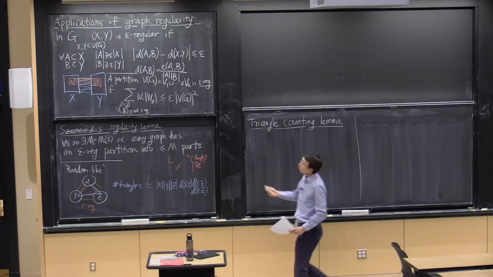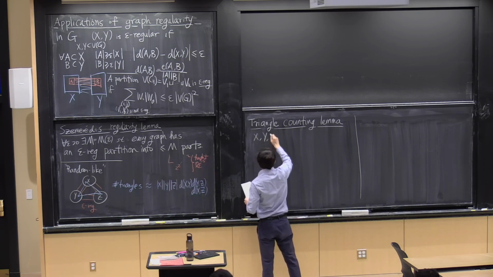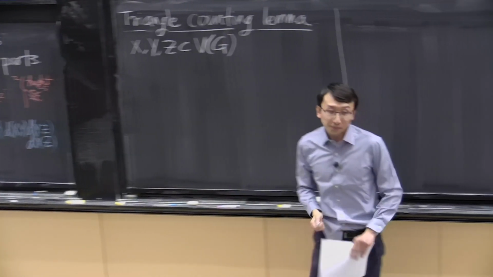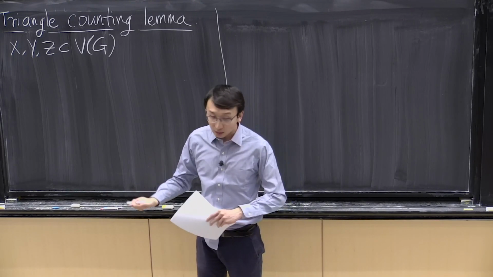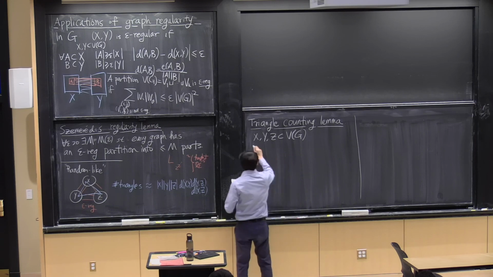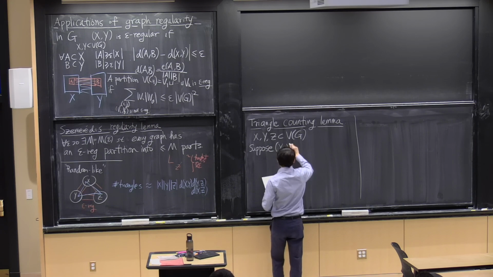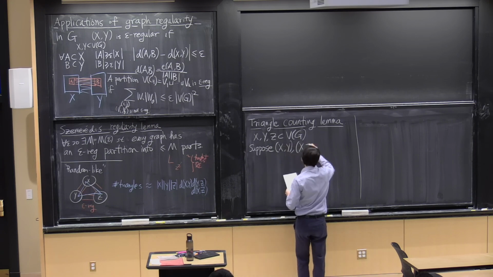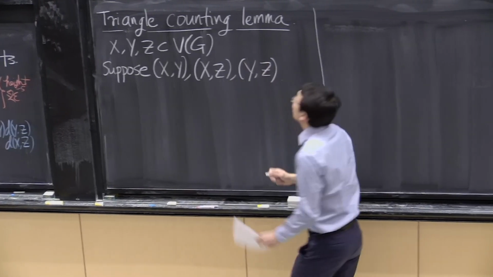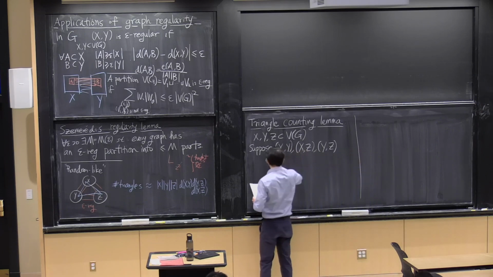Using the same picture, I have 3 vertex subsets of some given graph. Again, they don't have to be disjoint. They could overlap, but it's fine to think about that picture. Suppose that these 3 pairs of subsets are mutually epsilon regular.